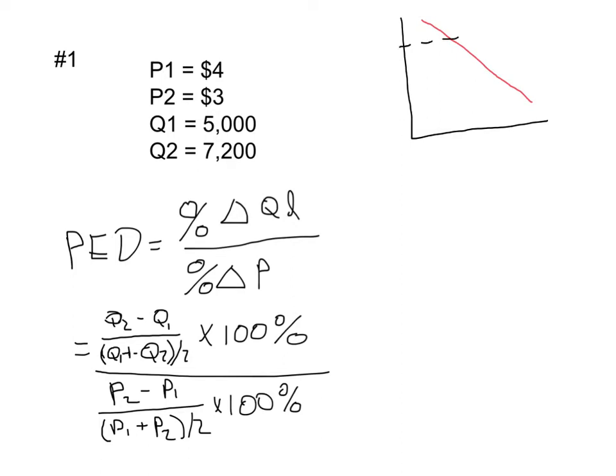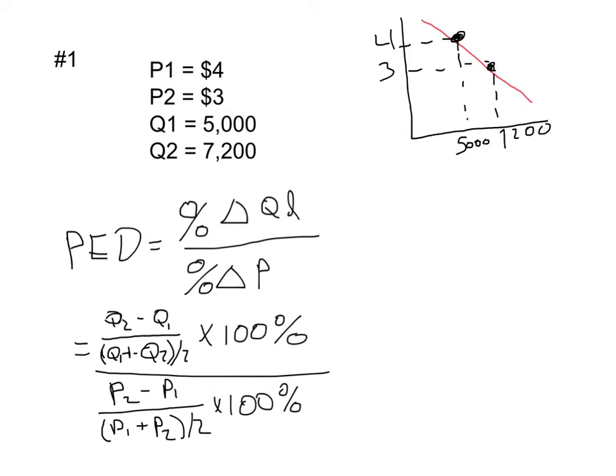If this was a price of $4 right there, we'd be at a quantity of 5,000, and then at $3 right here, we're at a quantity of 7,200. That's just illustrating that idea of a change in price causing a change in quantity demanded that we talked about in the last chapter.